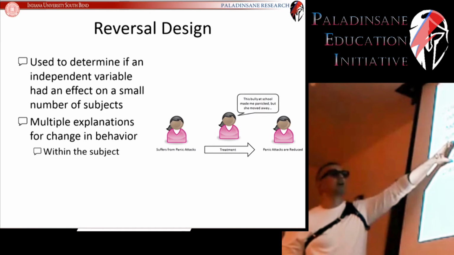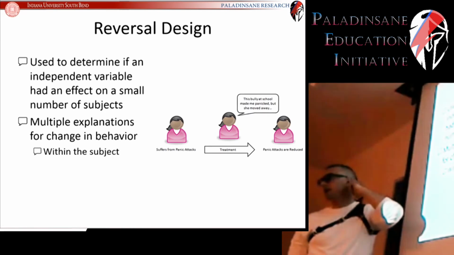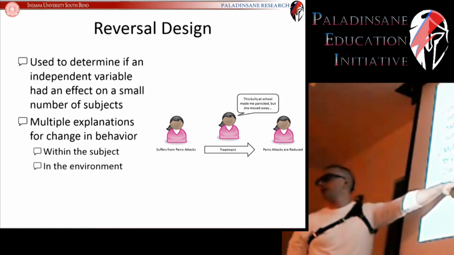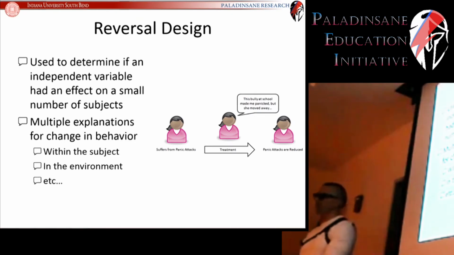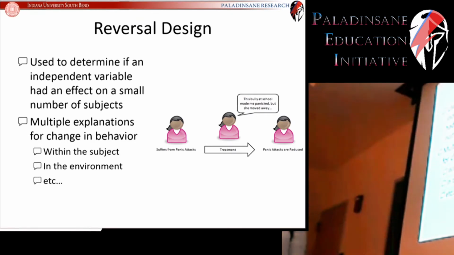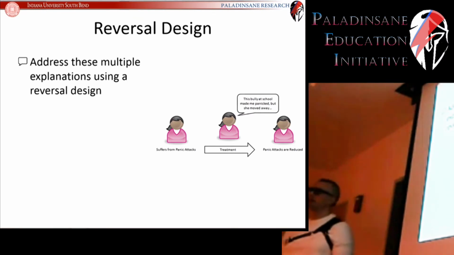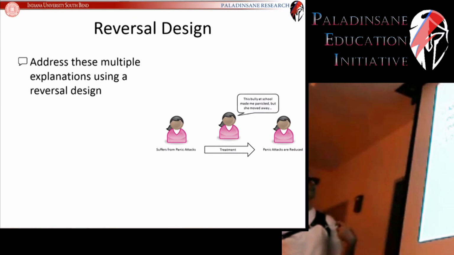There's a number of something else's. It could be things happening within the subject, like maturation or cognitive shifts. It could be something happening in the environment, like a dream job or a bully moves away. It could be anything that happens to this individual. So how do we combat that? We can combat that and get at the heart of whether it's the treatment using a reversal design.